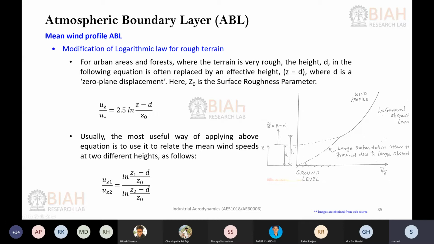Second, when we define a Z0 value, it is an average quantity, so some elements will be larger, some smaller. To take that into account, we define another term D, which will be a better average than the Z0 value.